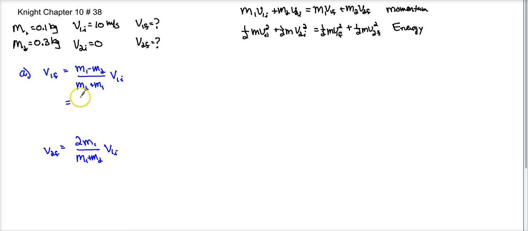So just plugging in what we have, 0.1 minus 0.3 divided by 0.1 plus 0.3, and then times 10. And when you get that, you find that V1F is equal to -5 meters per second.